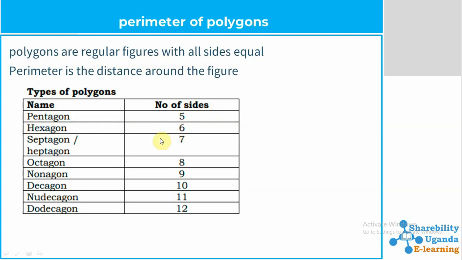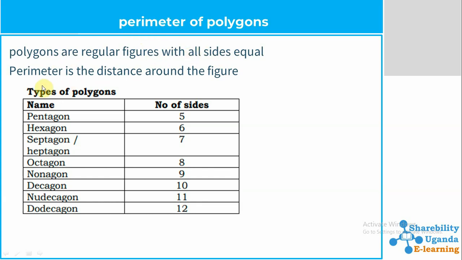We have a hexagon with 6 sides, the septagon or heptagon with 7 sides, then octagon with 8, nonagon 9, then decagon, that is 10, and then dodecagon with 12 sides. So when we talk about polygons, that's what we mean. We mean regular figures with all what? With all sides equal.